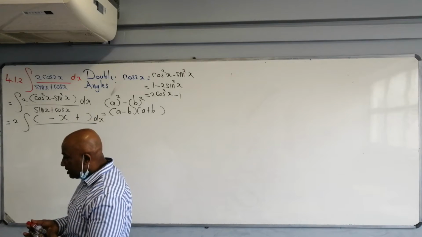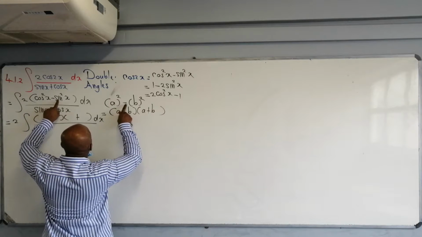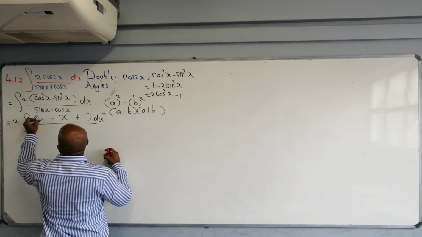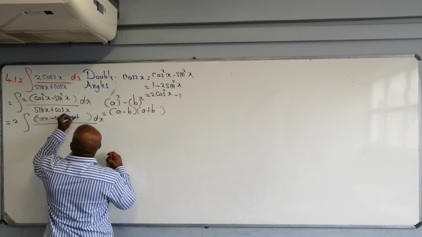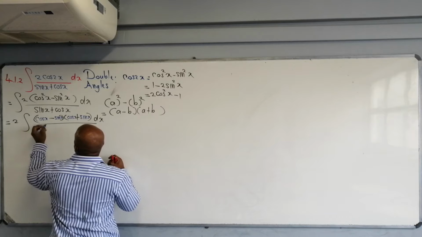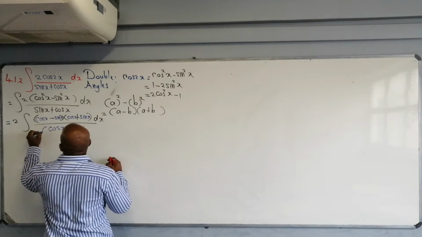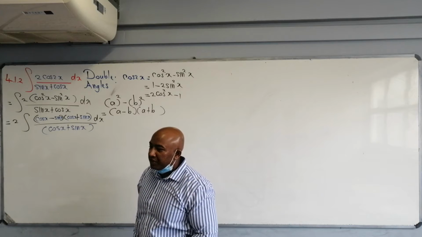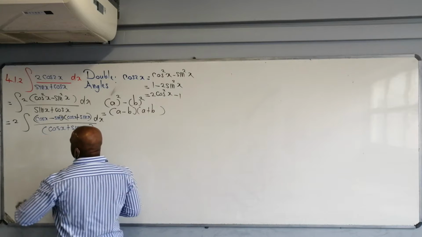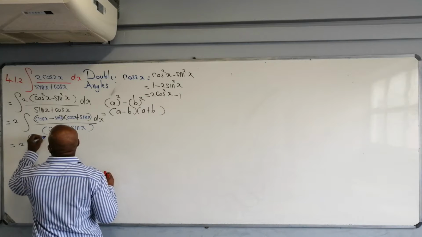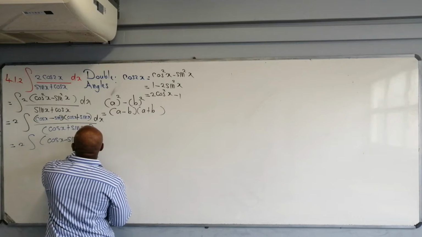So cos squared minus sine squared is the same as a squared minus b squared. So it's going to be cos minus sine, cos plus sine, all divided by cos plus sine. And now you can see that cos plus sine and cos plus sine will cancel. So what remains is just cos minus sine.